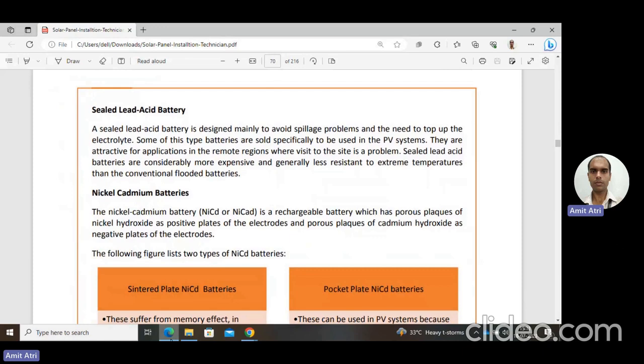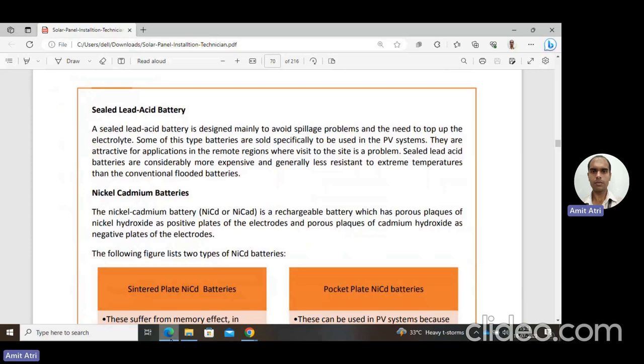So these are very specific for solar PV system, like in remote regions where we are not able to visit the site every time. There we can prefer the sealed lead acid battery. The sealed lead acid batteries are considerably more expensive and less resistant to extreme temperature than the conventional flooded batteries.